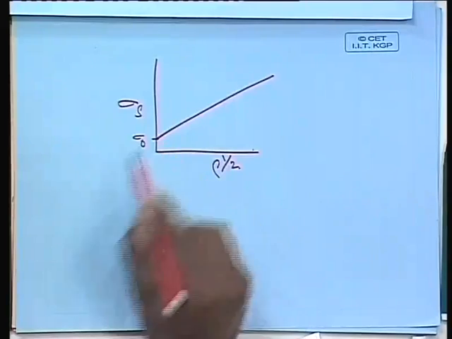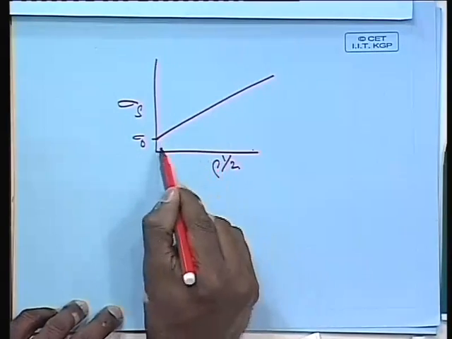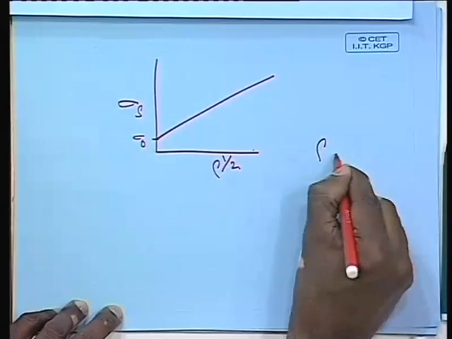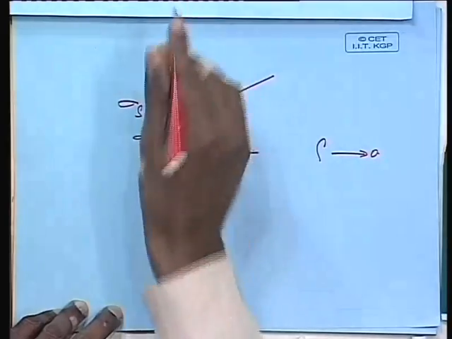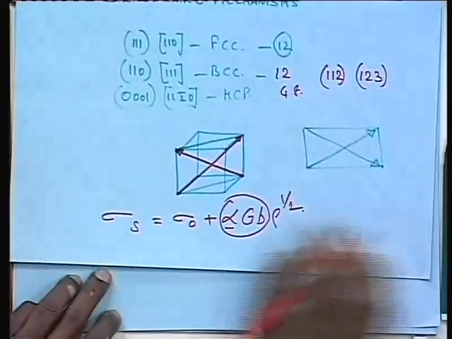So there is a sudden drop in the strength from the gigapascal zone to the megapascal zone, by at least 2 to 3 orders, when you introduce dislocations into the material. As a result, this particular plot does not really hold good in this domain. When rho tends to 0, this equation does not work.